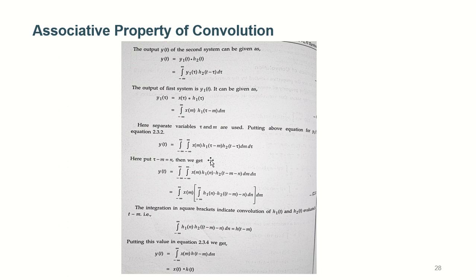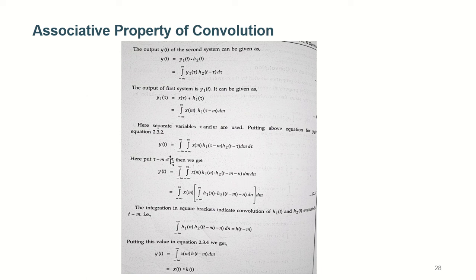Now let's put tau minus m equal to n, and when we do that we will get this picture. So instead of tau minus m, we will put simply n. What we will get is x of m h1 of n, because it was tau minus m, and h2 of t minus tau, which instead of t minus tau becomes t minus m minus n.